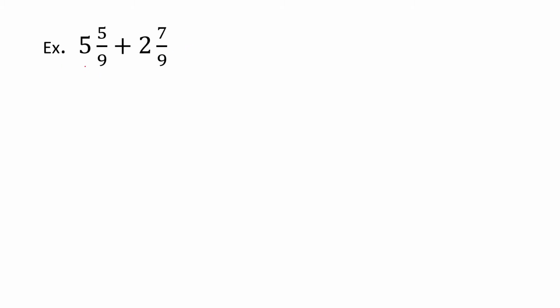First things first, we have mixed numbers, so we need to change mixed numbers to improper fractions. So 5 times 9 is 45, and then you add 5 to that, and you get 50 over 9, plus 9 times 2 is 18, 18 plus 7 is 25 over 9.